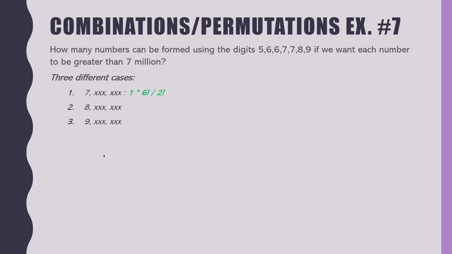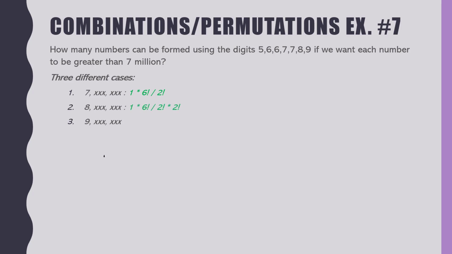So we get 1 times 6 factorial, but now we have to divide out 2 factorial. Why? Because we have 2 6s, right? But we also have 2 7s, right? But we already ignored those because we're only counting that as one case there, and we're not counting the 7 scenarios twice, right? How about the 8?